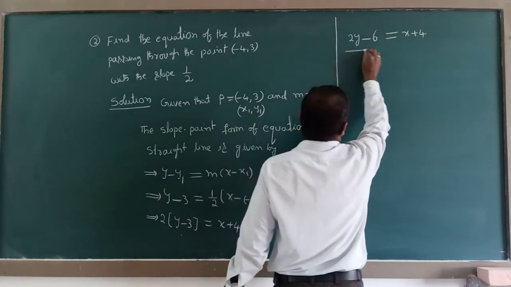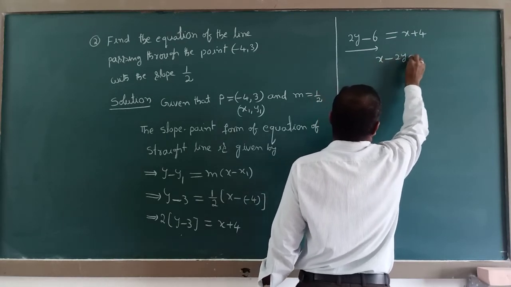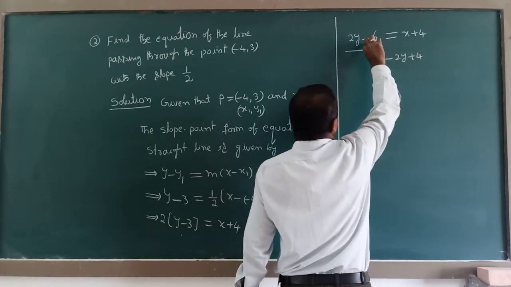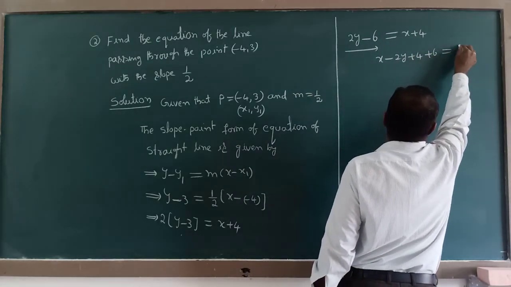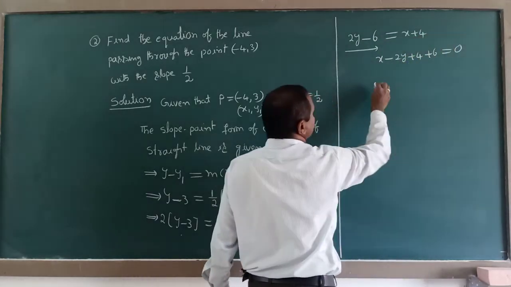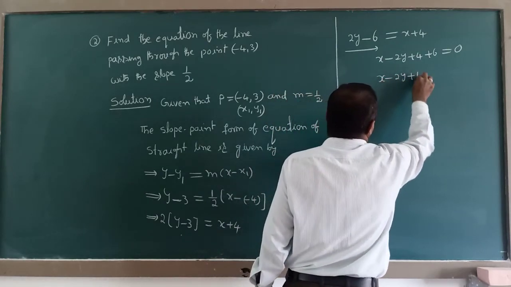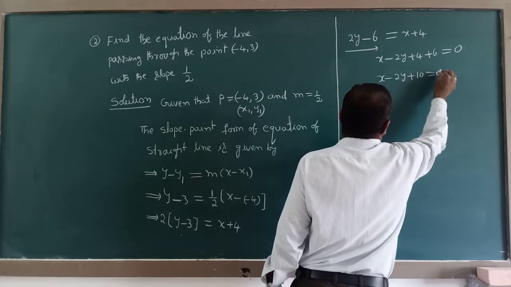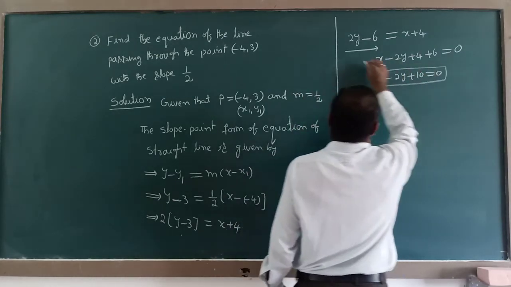Send this to that side, then it becomes x minus 2y plus 4 plus 6, equal to 0. We should write x minus 2y plus 10 is equal to 0, which is our required equation of a straight line. That's simple.